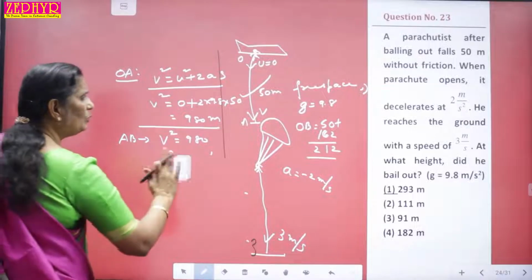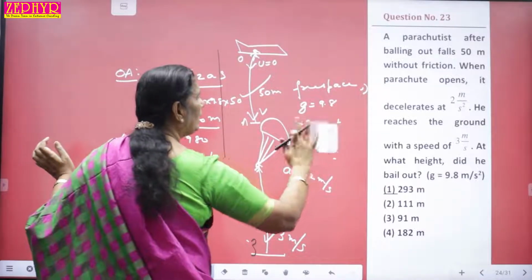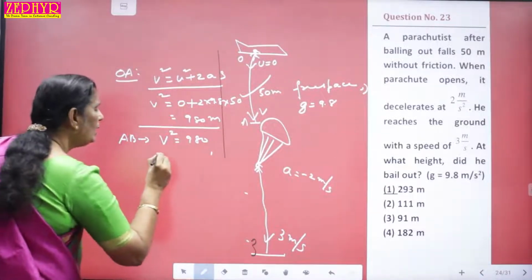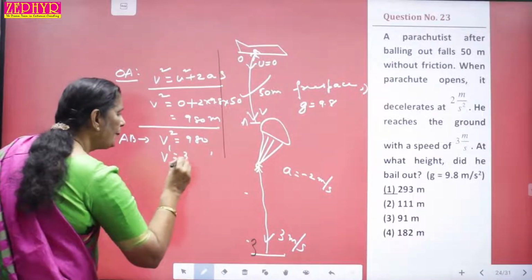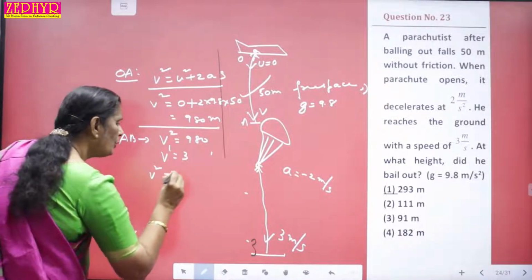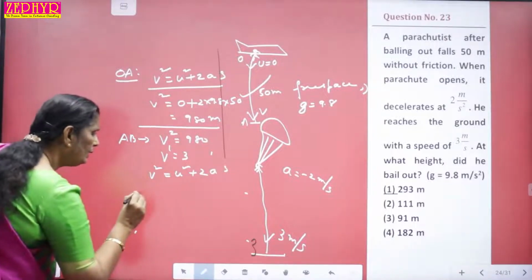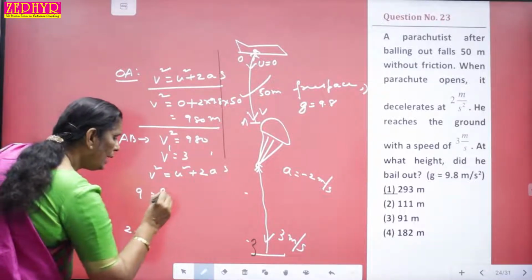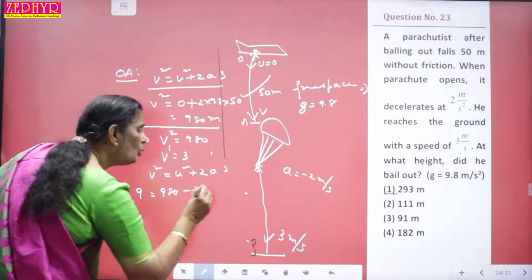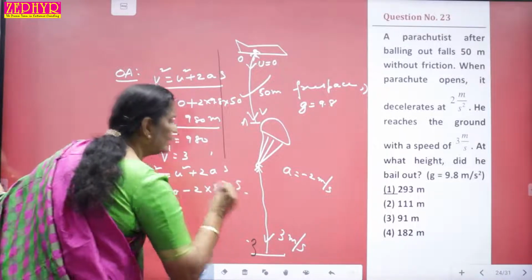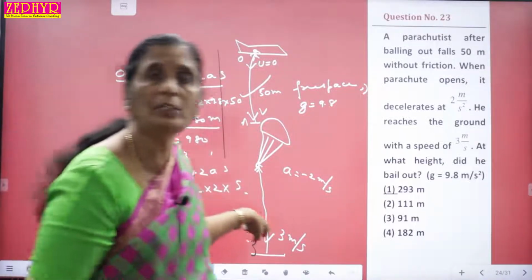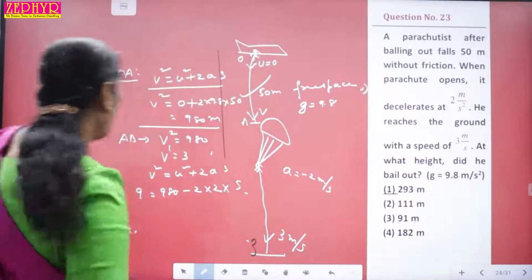So once again I will do it. Sorry for that. The method is correct. Here the final velocity will be 3. So V square is equal to U square plus 2AS. So 9 is equal to 980 minus 2 into S. I wrote 3, it is not 3, it is 2. Yes, now I got it.